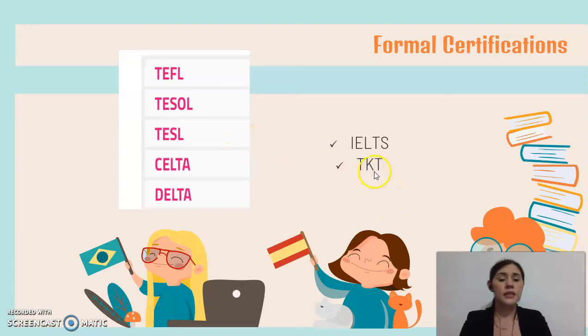And the last one is TKT, which is the Teaching Knowledge Test, focused on more specific language areas, such as a specific skill, a specific content, or so on.